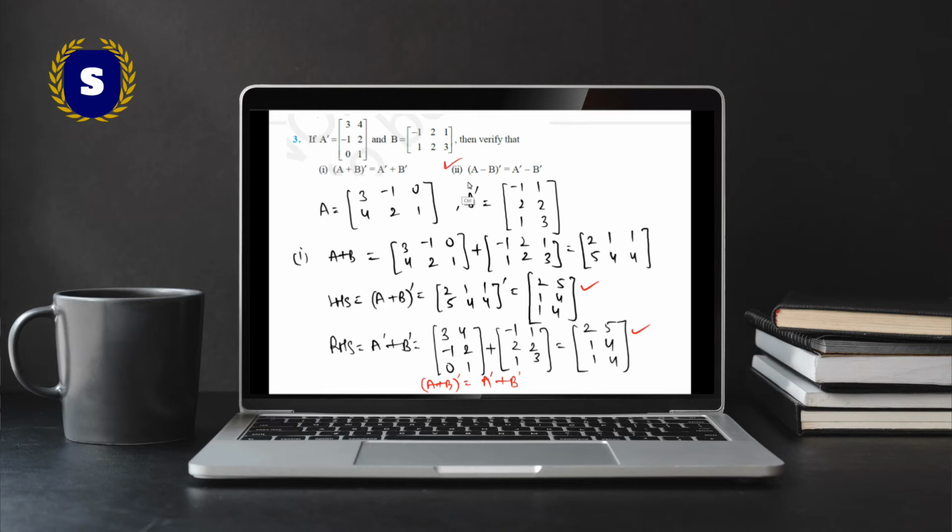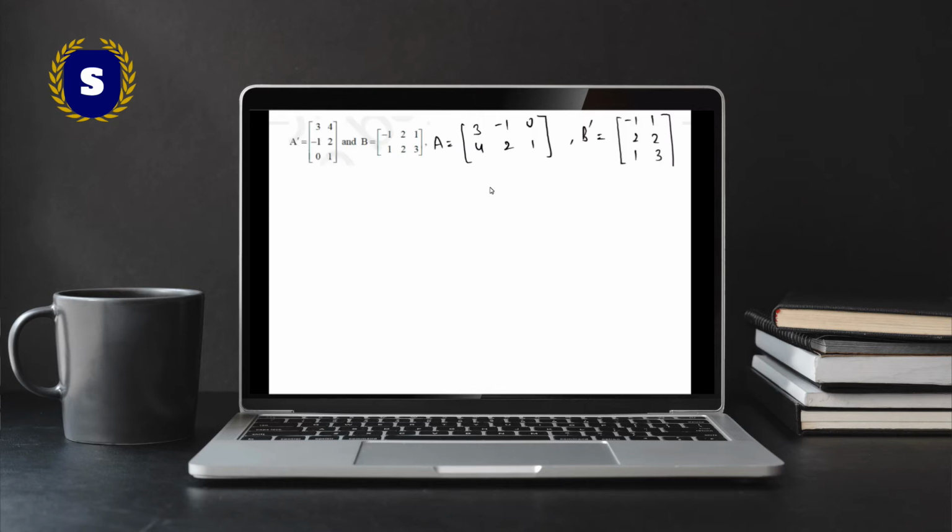Now let us solve the second part. Okay, I've just imported the values from the previous page. So for the second part, I need to calculate the LHS, which is equal to (A minus B) transpose. So let us calculate the A minus B matrix first. This is [3, 4, -1, 2, 0, 1] minus matrix B, that is [-1, 1, 2, 2, 1, 3].